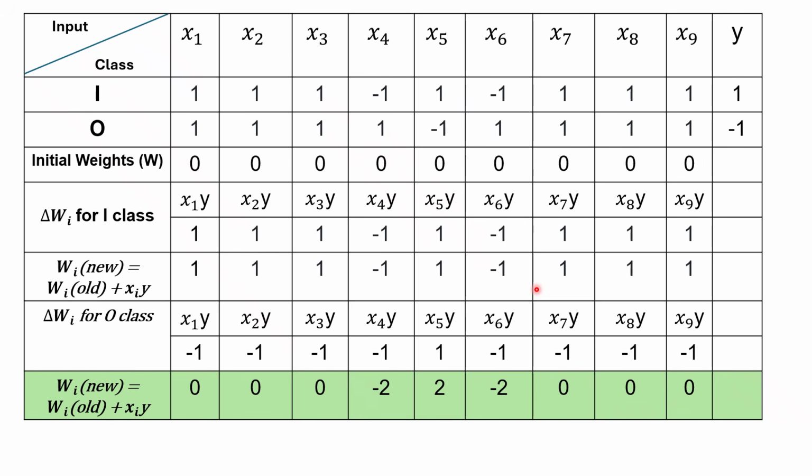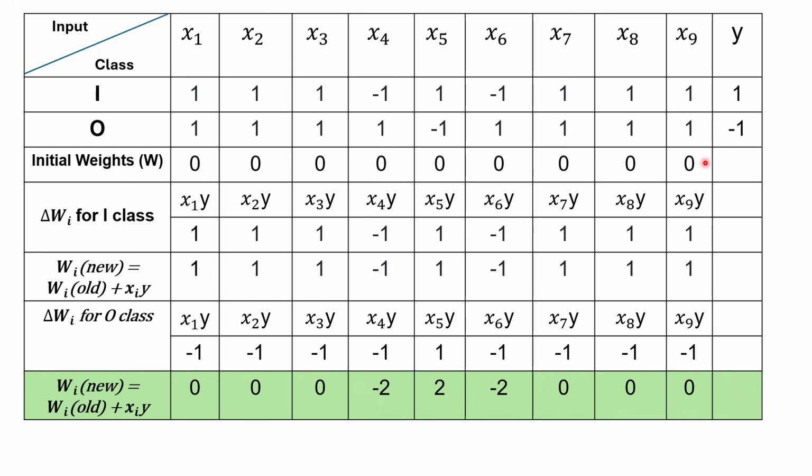Now we shall determine the change in weight for class O, which is given by the same formula x1y, x2y, etc. up to x9y. Now x1 is 1, y is this one.